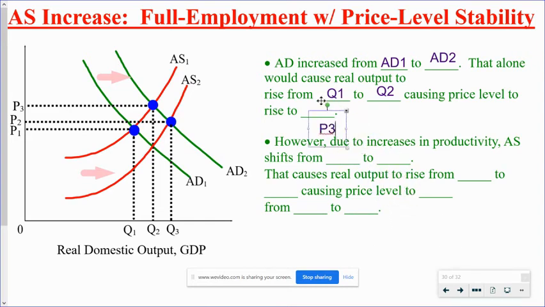What is really nice, despite how complicated these may look, is you guys have been reading graphs for the last 18 years of your mathematical lives. But let's say on top of that, there was an increase in productivity, which we know will affect the aggregate supply side. If it's an increase in productivity, that would lower per unit production costs, and aggregate supply itself would increase, which we've noted, AS1 shifting to AS2.